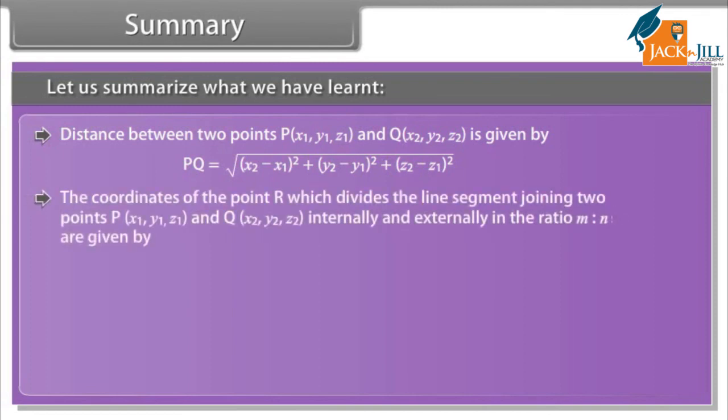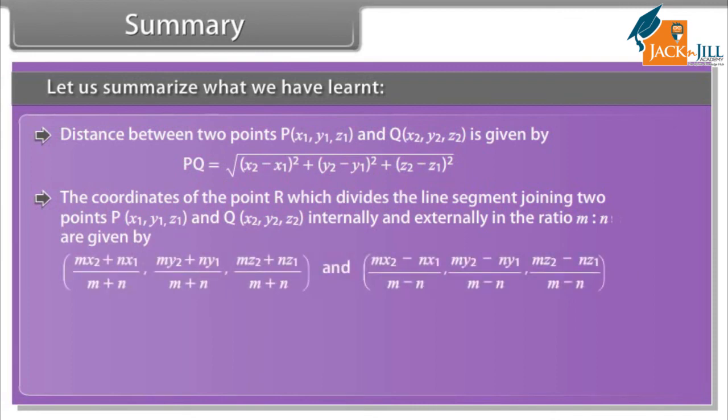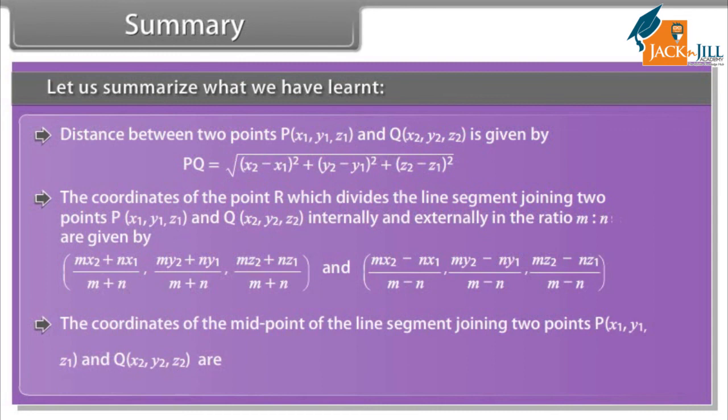The coordinates of the point R, which divides the line segment joining two points P (x1, y1, z1) and Q (x2, y2, z2) internally and externally in the ratio m:n, are given by the section formulas, and the coordinates of the midpoint of the line segment joining the two points P (x1, y1, z1) and Q (x2, y2, z2) are given by the midpoint formula.